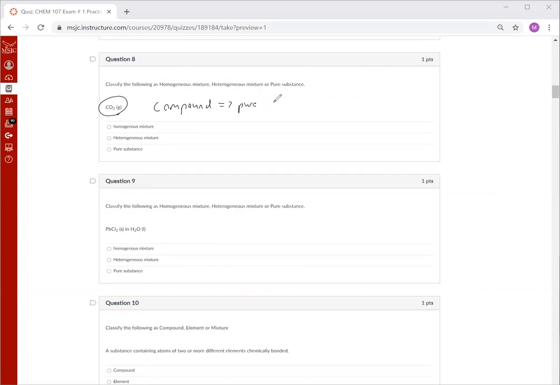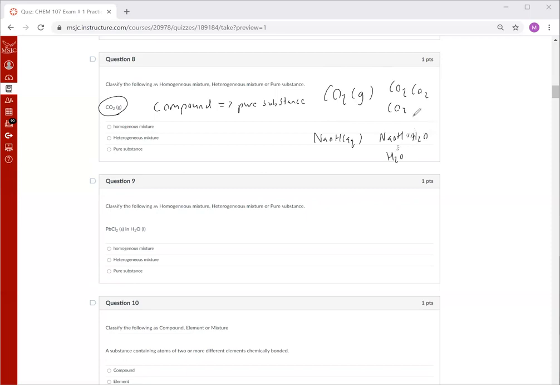But why can't you call this one a homogeneous mixture? Because in CO2 gas, the only component is carbon dioxide. There's no other component. While in the aqueous example, if we looked, for example, at NaOH aqueous, it implies that we have sodium hydroxide dissolved in water.